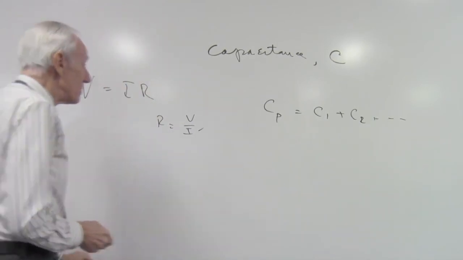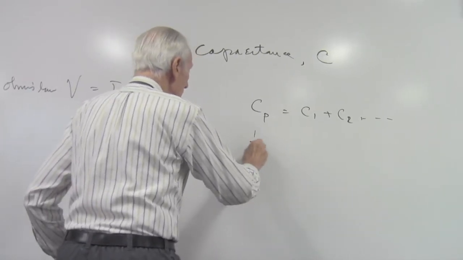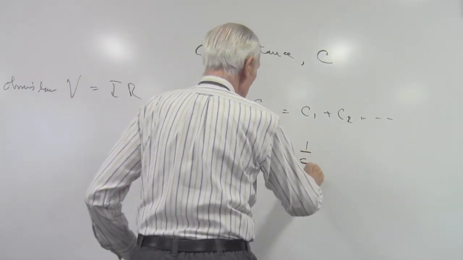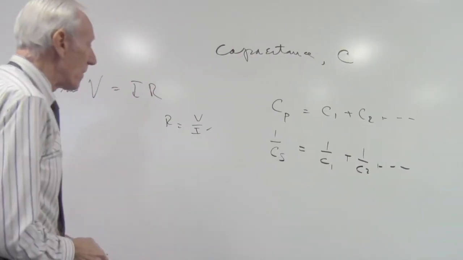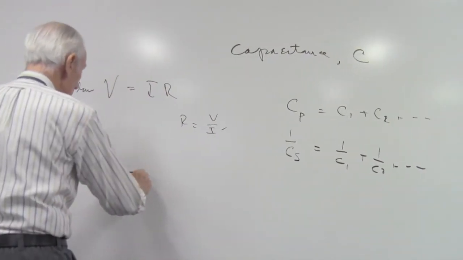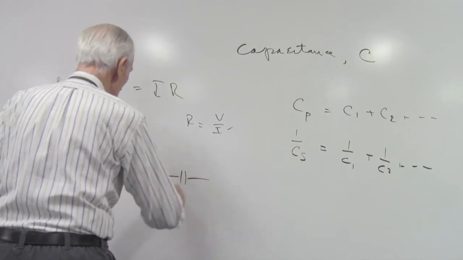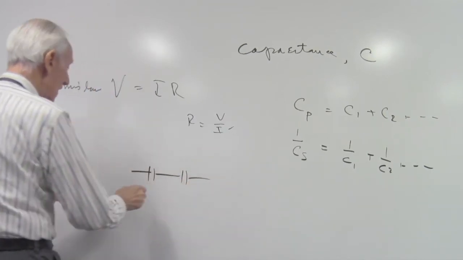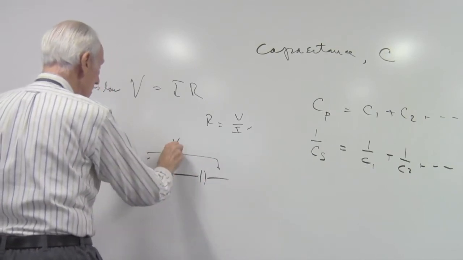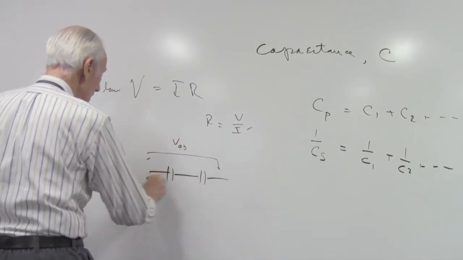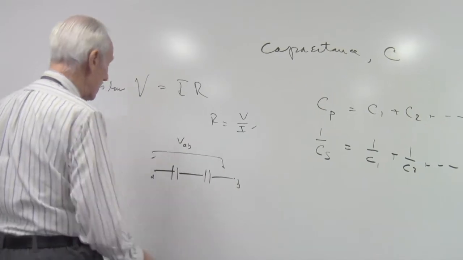And in series, it's the reciprocals addition. Okay, so if you put the capacitors in series and you put a voltage across these, this voltage here is the voltage you put across them. We'll call it A, there's B, there's a voltage down here.